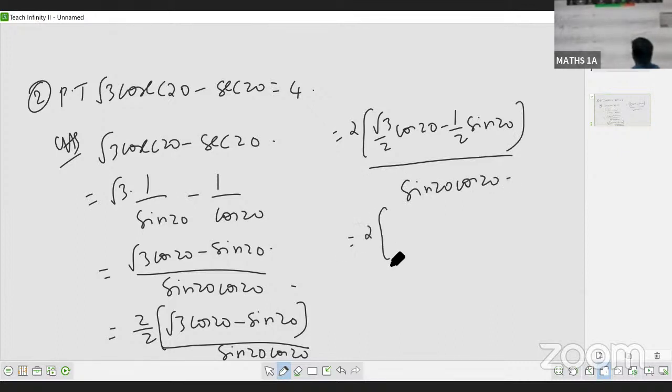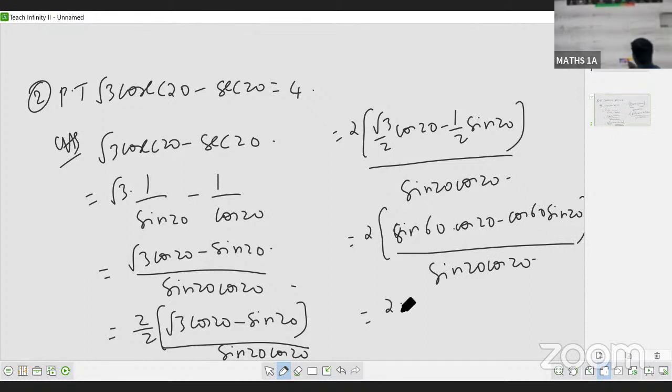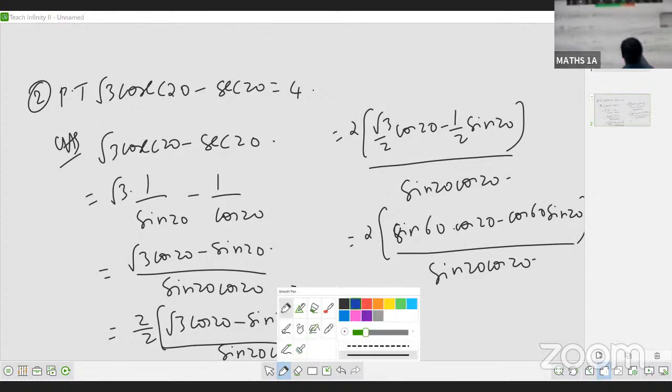Now 2 into root 3 by 2, I am going to write it as sine 60 cos 20 minus cos 60 sine 20, whole divided by sine 20 cos 20. That is 2 into, again same formula. What is that formula?